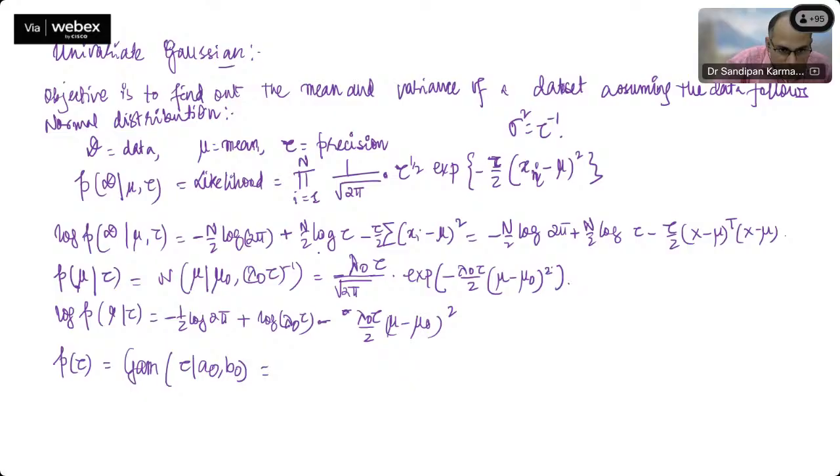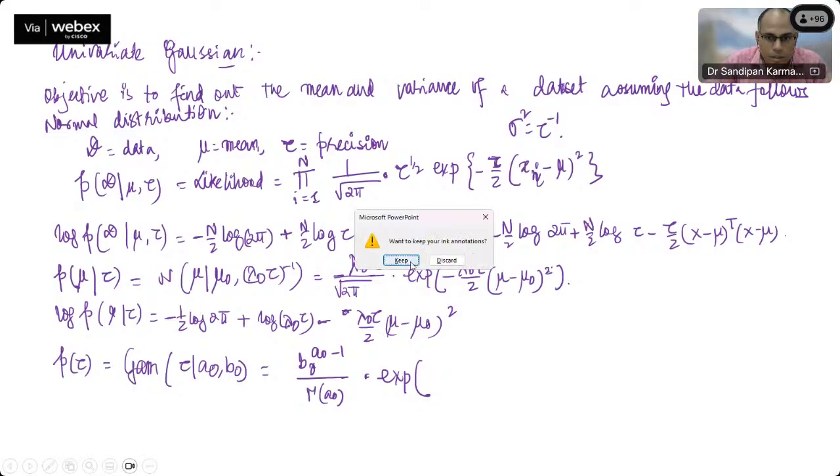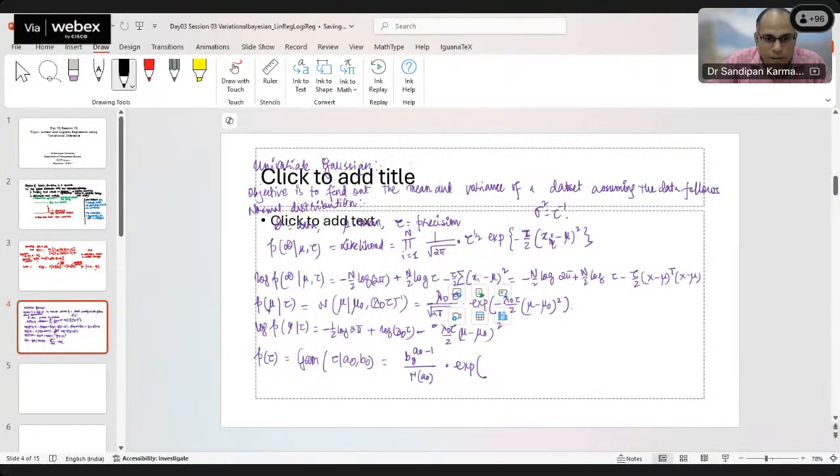So this will be b naught to the power a naught minus 1 by gamma a naught, multiplied by the exponential. Let me check what I did yesterday. Just one minute, let me verify yesterday's slide.